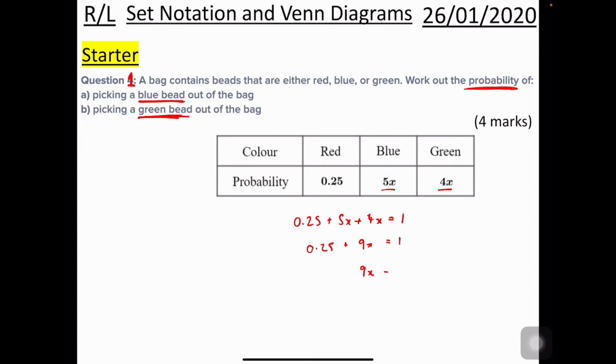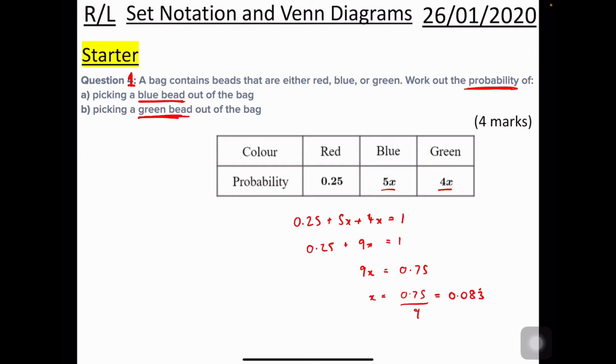We have 9x equals 0.75. And so x equals 0.75 divided by 9. Let me just work that out using a calculator. If we type this into a calculator, we get 0.083 recurring.